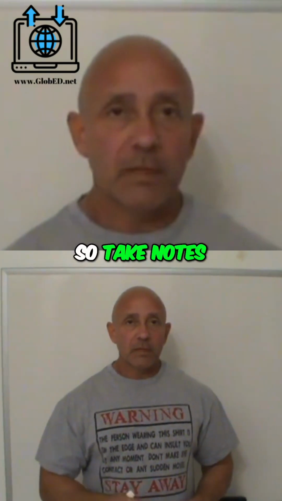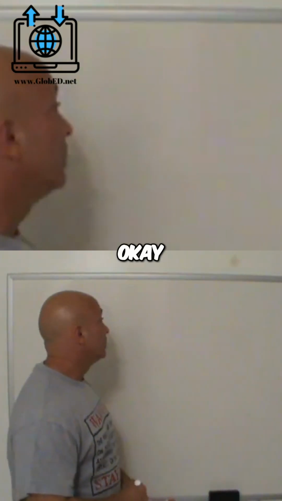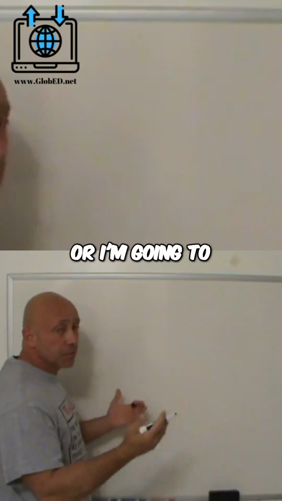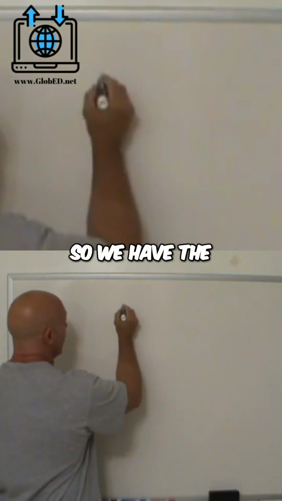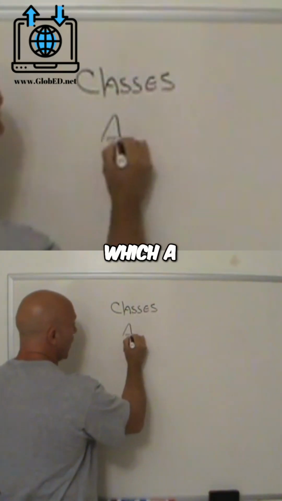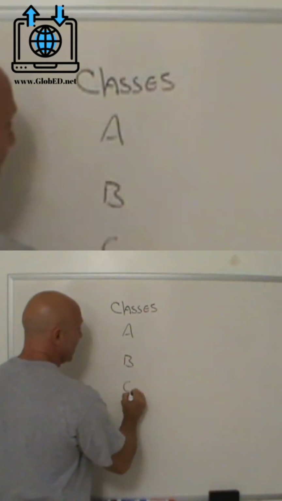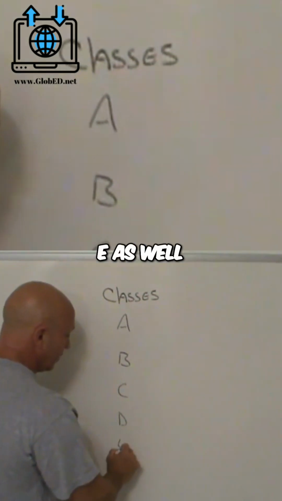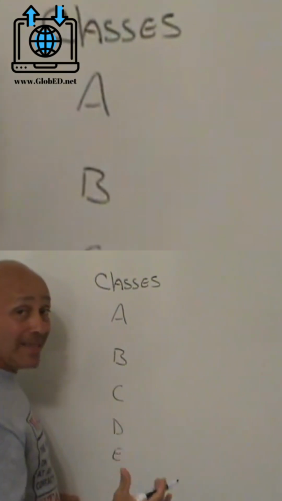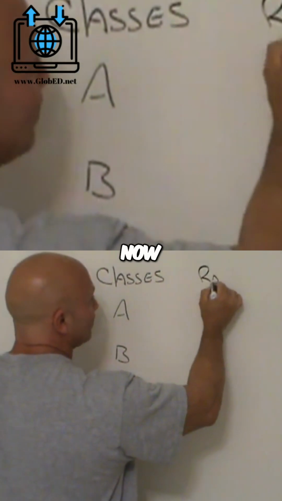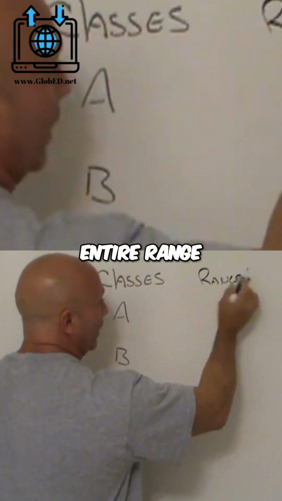So take notes. Okay. First, let's learn the classes. I'm just going to tell you what the classes are. A, B, and C are the ones we normally deal with, but I'm going to tell you D and E as well, even though A, B, C are the ones you work with. And the ranges. Now, this is the entire range.